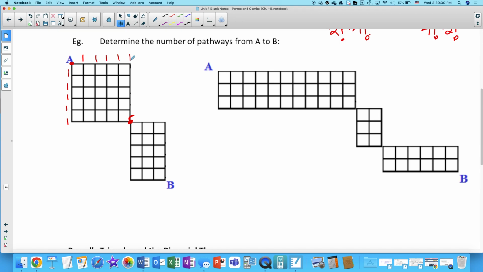To here, there's 2 ways, and then 3 ways, and then 4. So I'm just adding these two, 5, 6. This is 3, 6, 10, 15, 21.